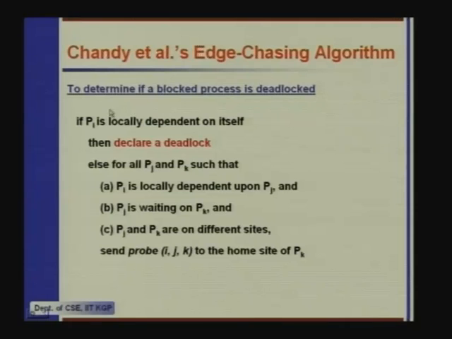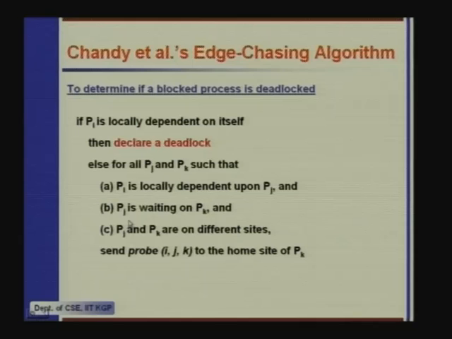If Pi is locally dependent on itself, that is, there is a local cycle in the wait-for graph, then declare a deadlock, else for all Pj and Pk such that Pi is locally dependent upon Pj and Pj is waiting on Pk, and Pj and Pk are on different sites.